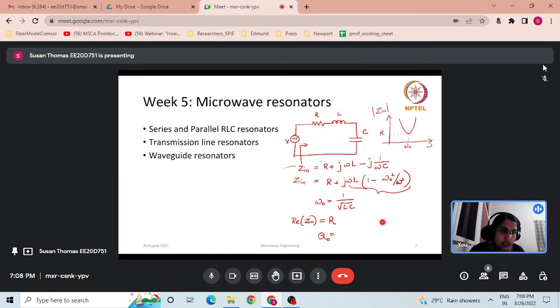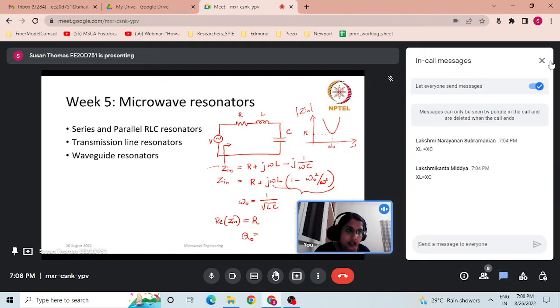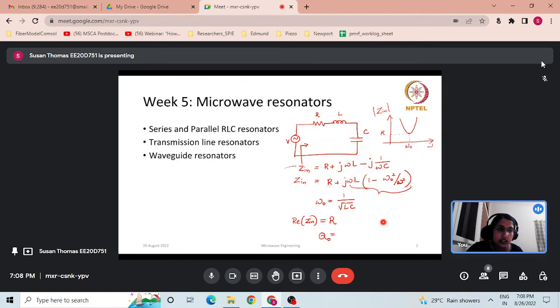You can type in the chat. What do you understand about unloaded and loaded Q factor, or what is the difference between these?